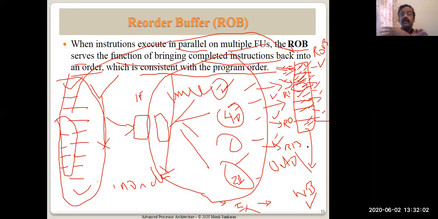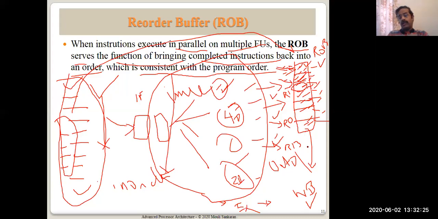I'm delaying the writing of the results into the destination registers, the write back, till all the results of the previous instructions are ready. I hold it till that point. Once the previous instruction result is ready, I start writing everything one by one in the same sequence.